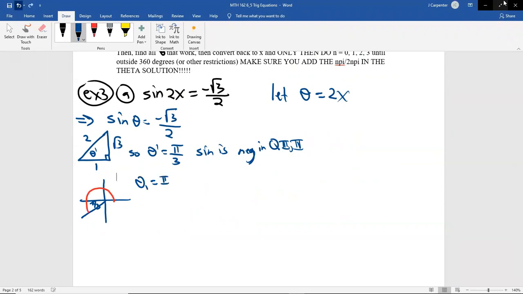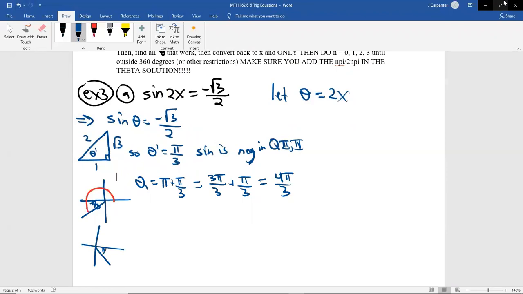The order you write them doesn't matter. I usually write the pi first. Got to get an LCD. Told you it's never going away. That's 3 pi over 3 plus pi over 3, which is 4 pi over 3. Then let's put a reference angle in quadrant 4.